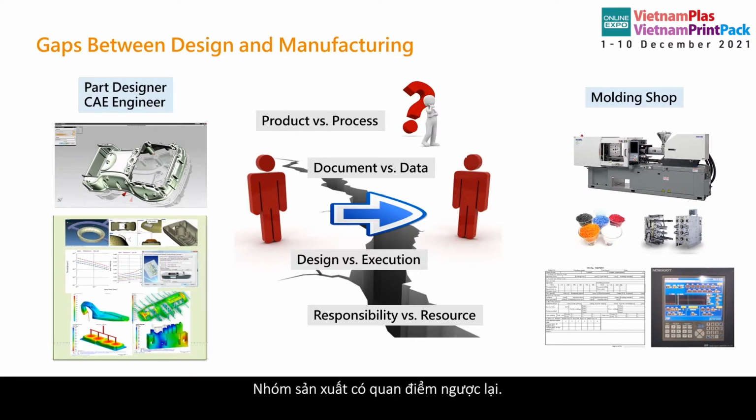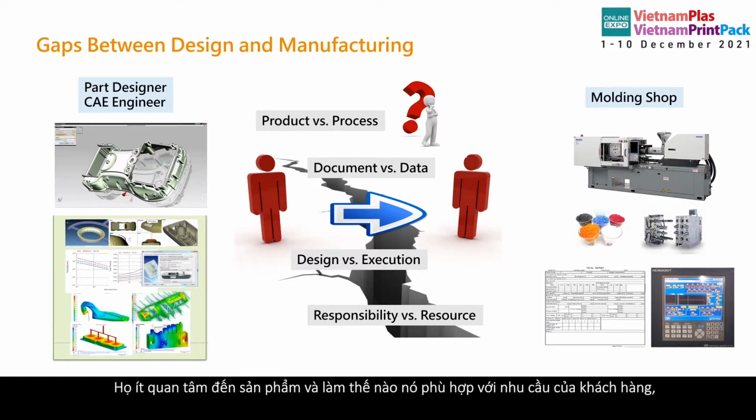The manufacturing team has the opposite perspective. They are less concerned with the product and how it fits the client needs, and more concerned with being able to produce it in a timely manner.